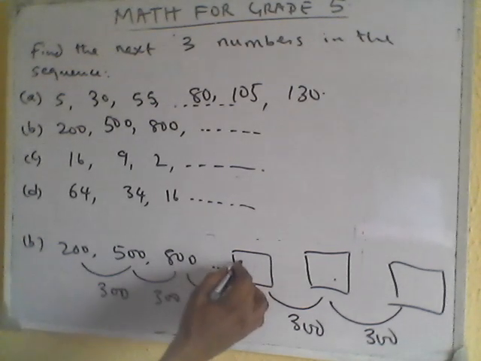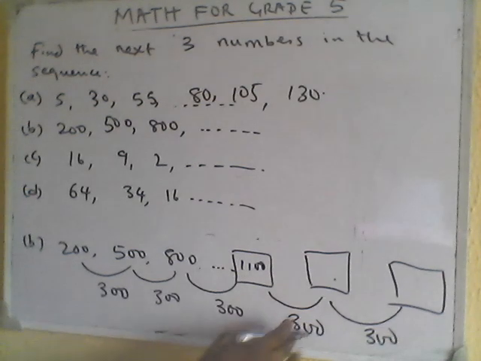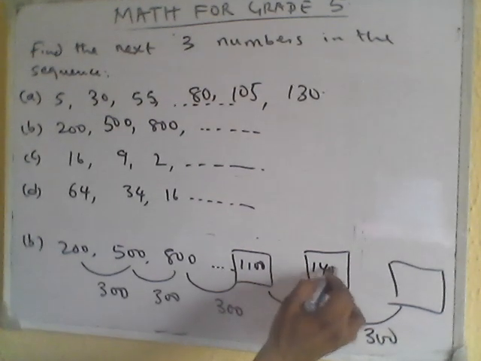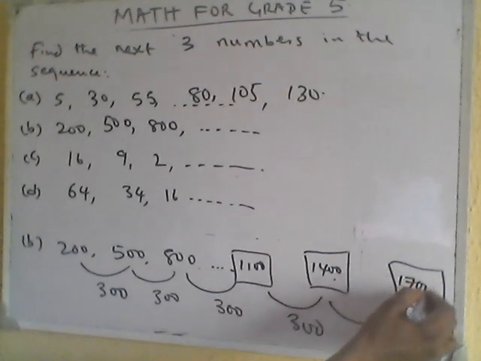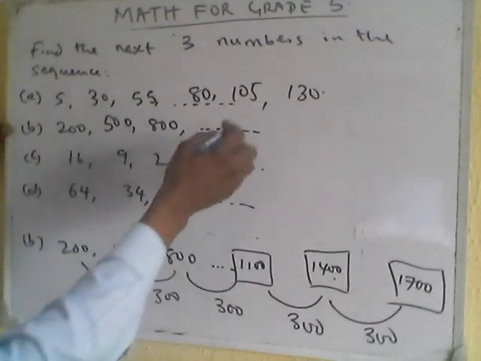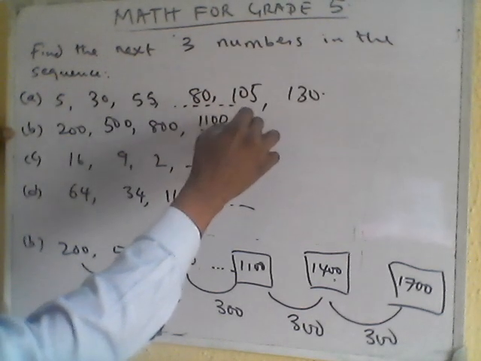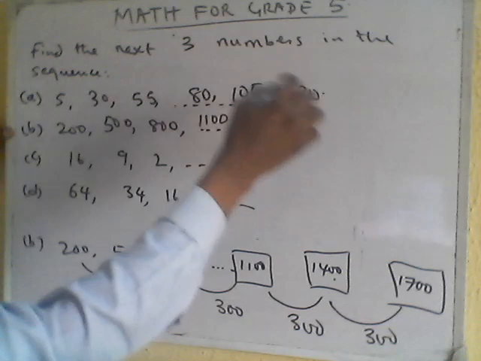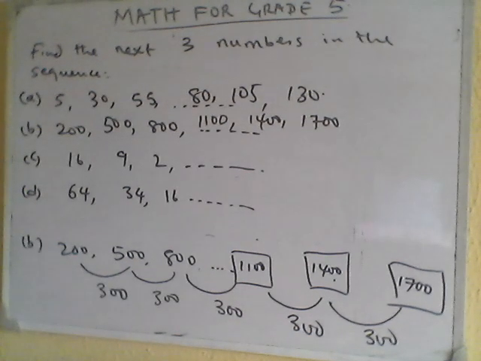So I put it here, 1,100. Then 1,100 plus 300 will give me 1,400. Then 1,400 plus 300 will give me 1,700. So the next 3 numbers are 1,100, 1,400 and finally 1,700. So the B part is solved.